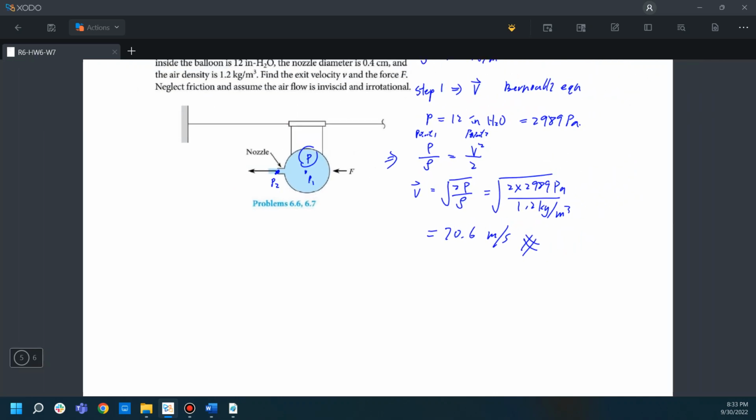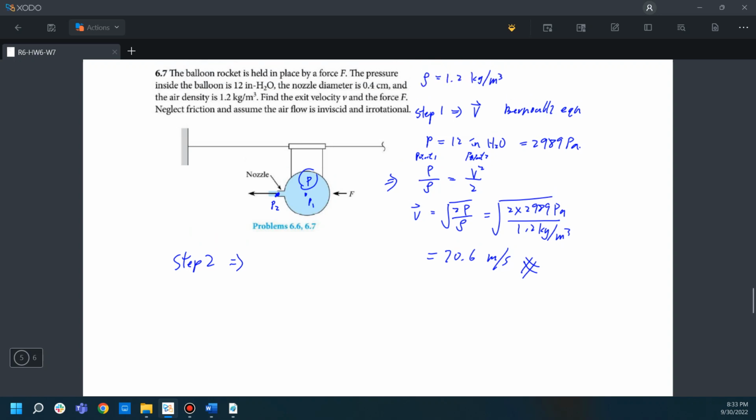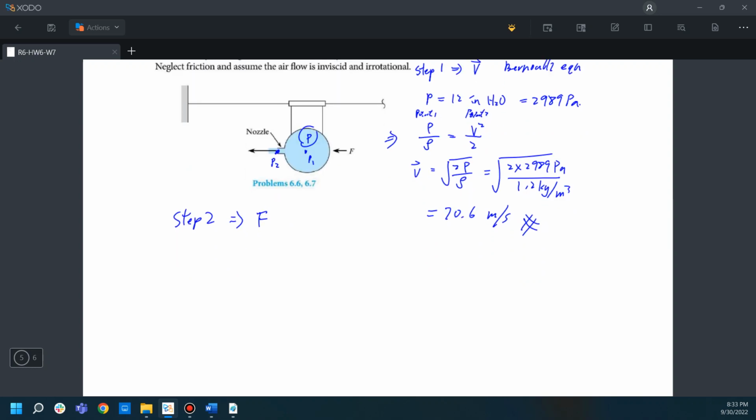Okay, this is step 1. And for step 2, we want to solve for the force F. The idea is that the fluid ejected out from this nozzle will provide a momentum, and that momentum is equal to the force that we want to solve for.